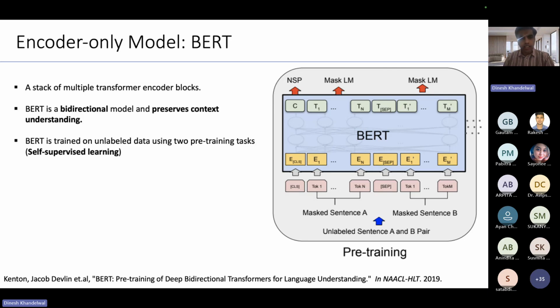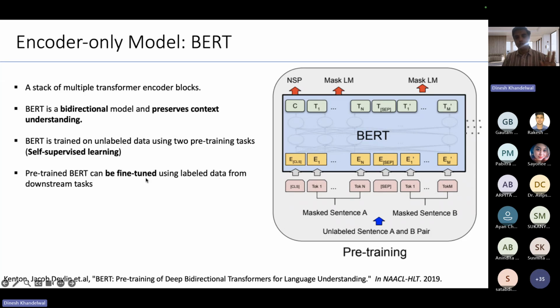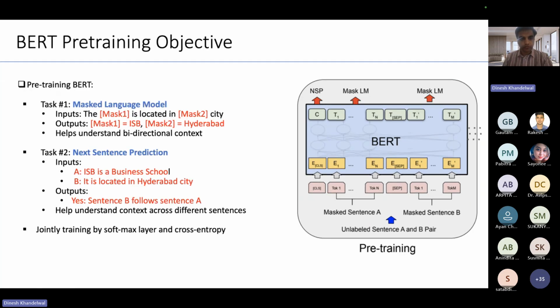As this is only the transformer encoder block and uses self-attention, it's a bi-directional model. So every token sees what comes on the left and what comes on the right, and it was trained on two pre-training tasks: one is masked language modeling, another is next sentence prediction. So these are the two tasks it was trained on.